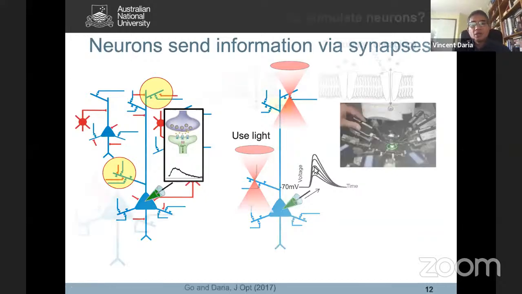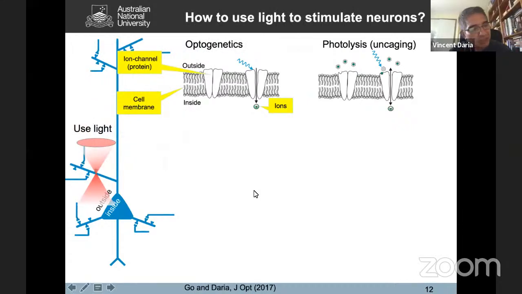All right. So how to use light to emulate a synaptic input? The first two methods here, which I've shown, optogenetics and photolysis, are two main techniques used in neuroscience to use light to emulate a synapse. In optogenetics, you need to genetically modify the animal so that it expresses this kind of protein that, when you shine light on it, will open up.